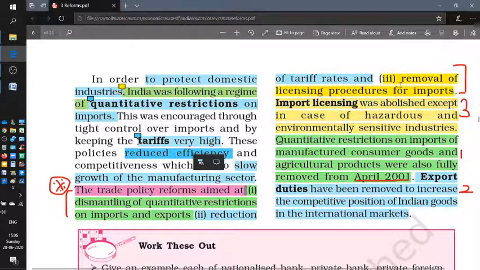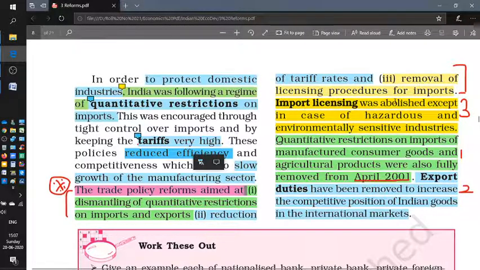And lastly, in trade and investment policy, removal of licensing procedures for imports. We need not apply for a license to buy goods, which was required earlier. All these were quantitative restrictions to protect Indian industries. Now they removed all those protections. They want foreign goods to come in and compete with Indian goods.